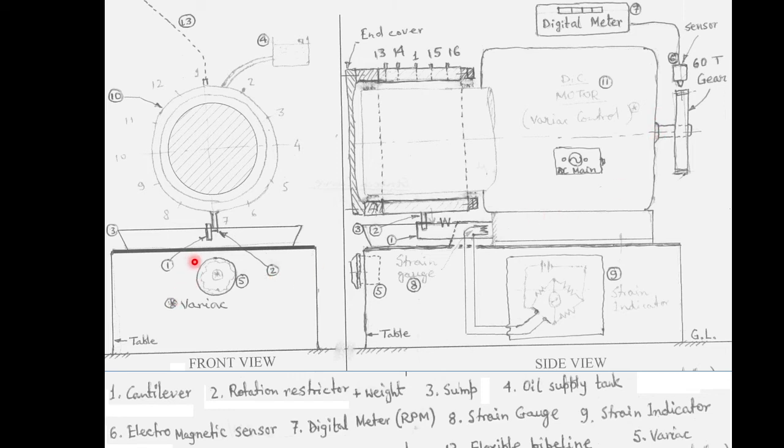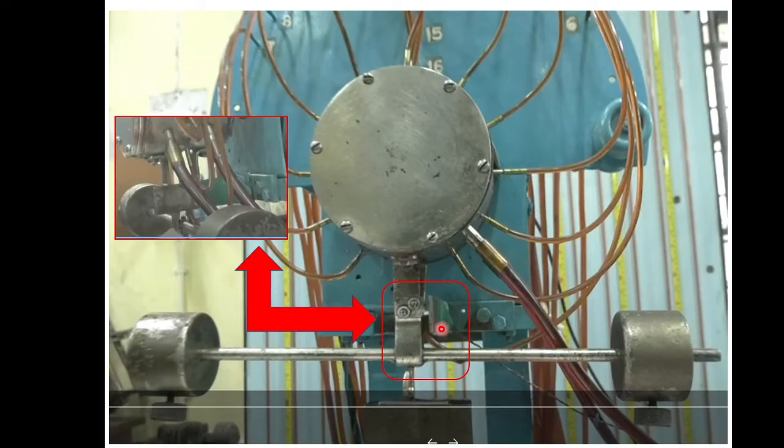Now at the bottom or at the fixed end of this cantilever, where is the cantilever in the other view? This one is the cantilever, item 1, item 2 the restrictor. That means in this figure, this is the cantilever, this is the restrictor, these are the weights.